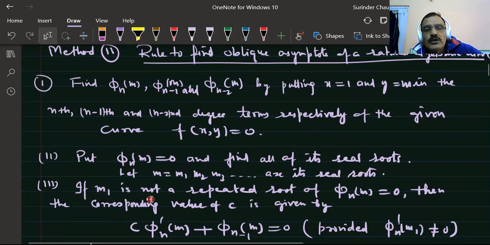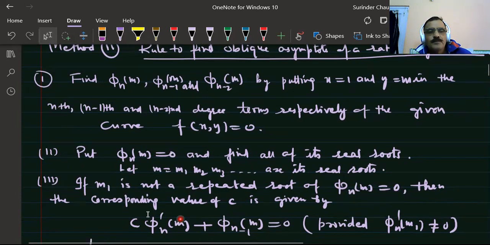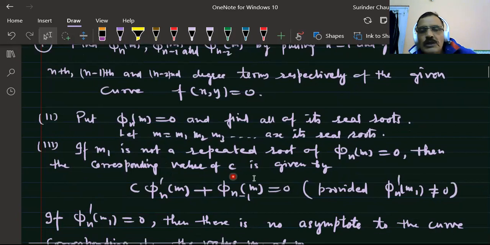If m1 is not a repeated root of phi n of m, which is a polynomial equation in m, then the corresponding value of c will be given by c times phi n dash of m, the derivative of phi n with respect to m, plus phi n minus 1 of m equal to 0.